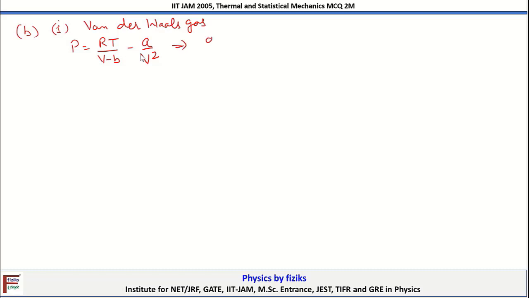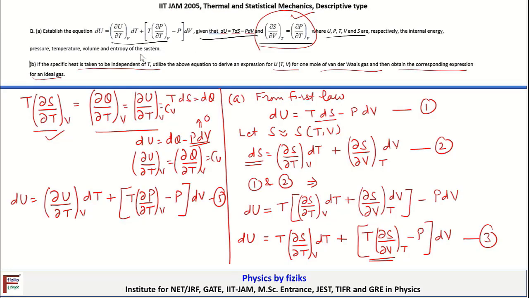This implies dP by dT at constant volume is equal to R upon V minus b. Let's call this result 6. So 5 and 6. What is 5? That's the equation that we just discussed. We will substitute the value of dP by dT here and see what we get.